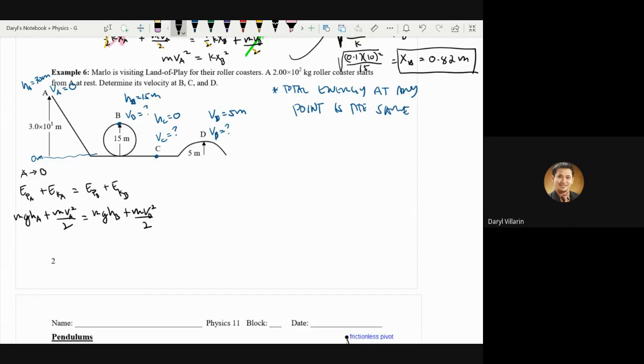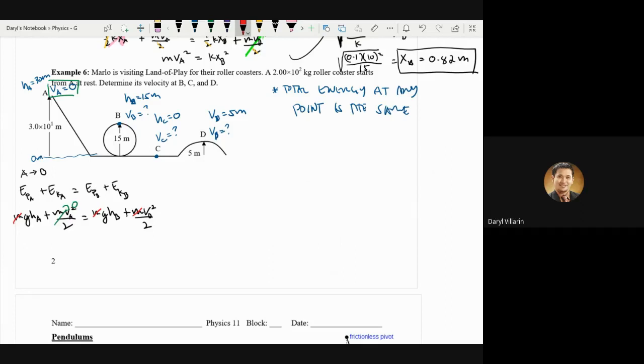Since V sub A is 0, this term is 0 here, and I can cancel out my m, because m is present in every term. V sub B is not 0, because I can expect that there should be some value in that case, so I cannot assume that it is equal to 0.